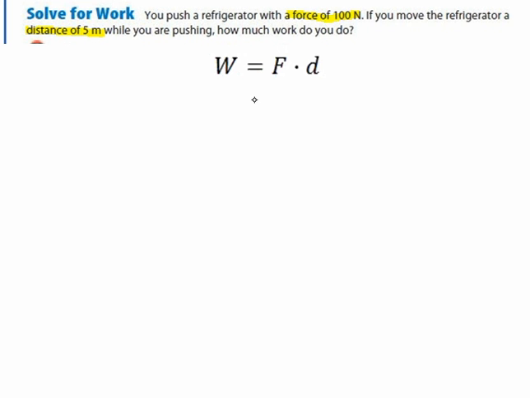The force is equal to 100 newtons, so you put that in for F, and the distance is 5 meters. We take 100 times 5, you get 500, and we get newtons times meters.